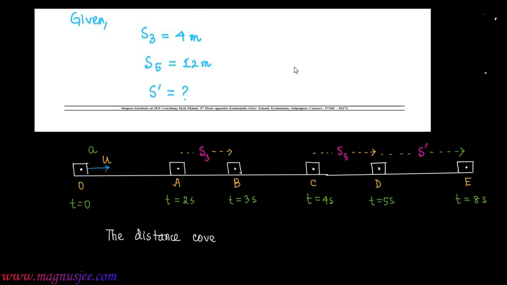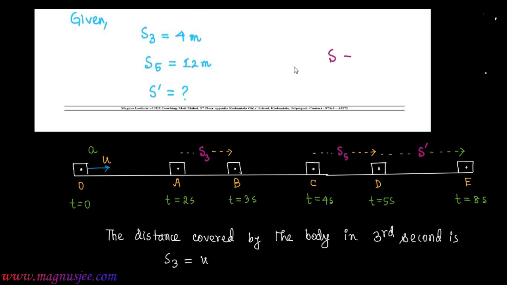The distance covered by the body in third second, that is between 2 second and 3 second, is given by S3 equal to u plus what? Which equation do we have to use: S equal ut plus half at square, or S_t equal u plus half a into 2t minus 1?